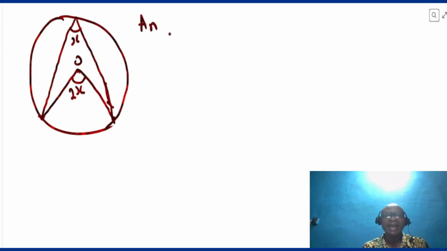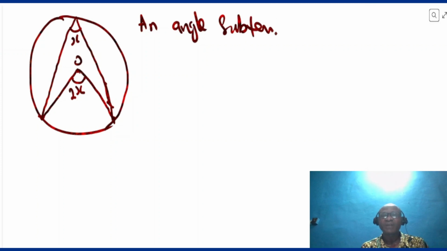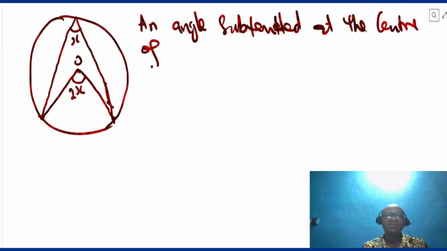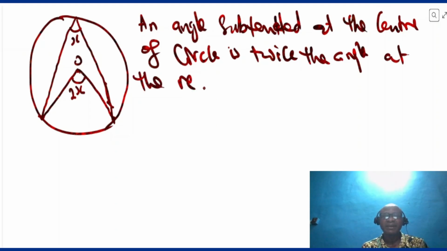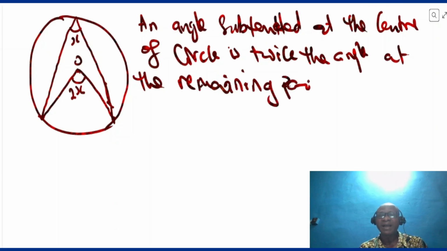We say an angle subtended at the center of a circle is twice the angle at the remaining part of the circle. Okay, very beautiful.